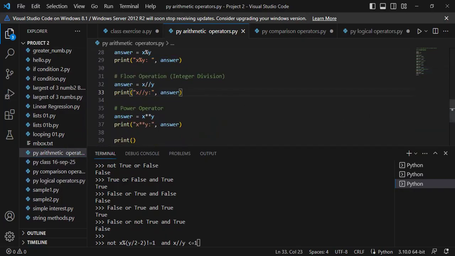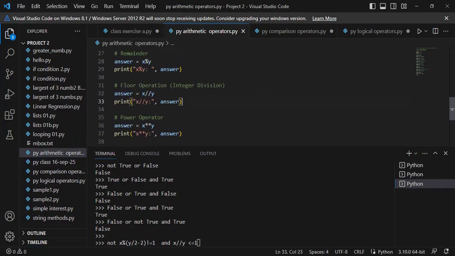For example, if x is 3 and y is 2, the answer will be 1.